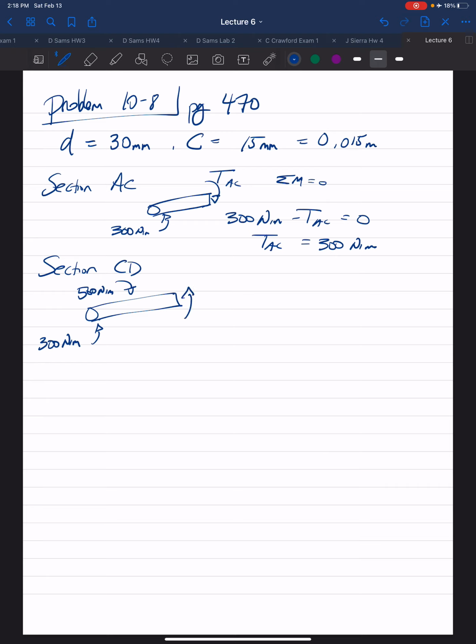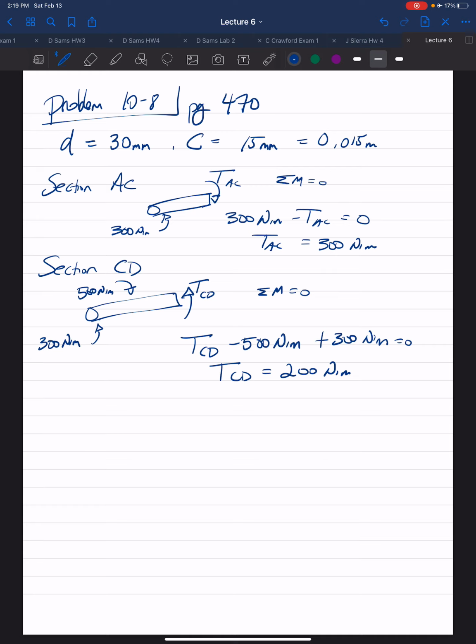So then our TCD, so this would be TCD minus 500 Newton meters plus 300 Newton meters equals 0. TCD is 200 Newton meters.